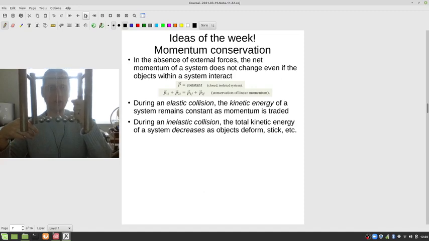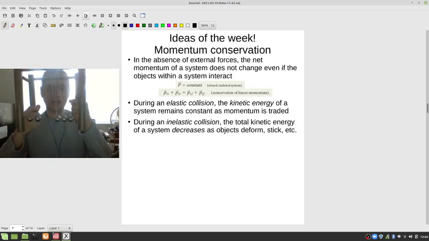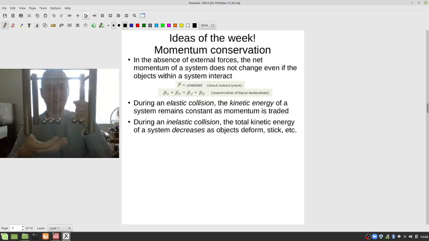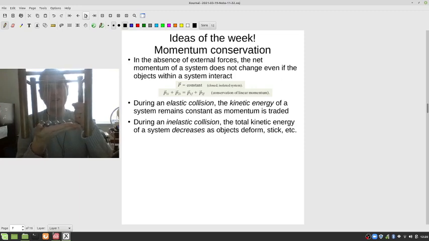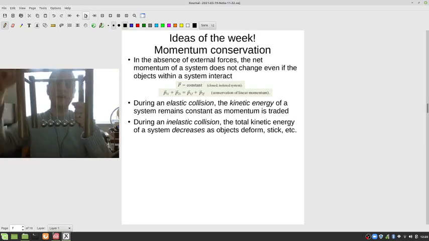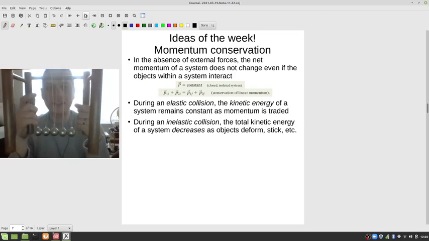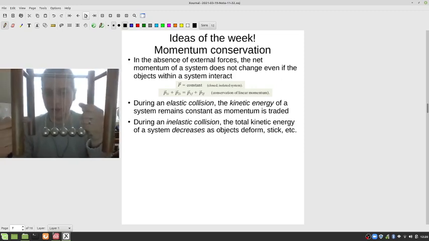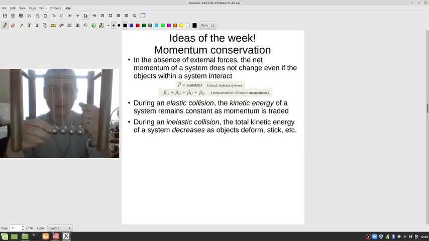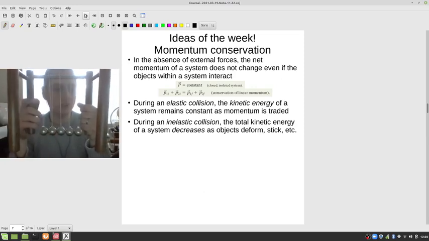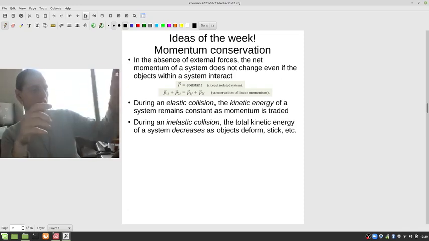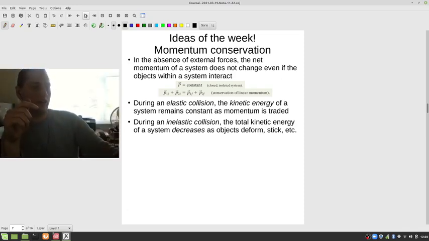It's not as good because I'm just holding it, but you can also do it with 3 balls. All right, it's a cute toy. This is the type of thing that I want you to think about in an elastic collision, where the balls hit each other, they're very hard, they don't transfer any mass, they don't squish much, and the kinetic energy at the beginning is the same as the kinetic energy at the end.